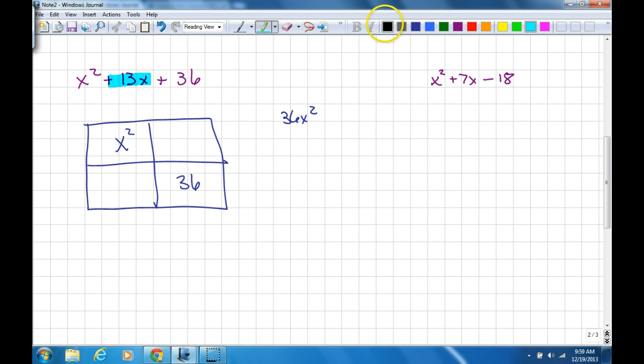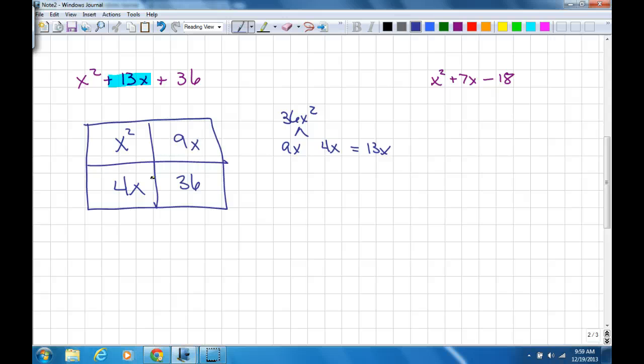So what are some factors of 36x squared? 9 and 4, good. So 9x plus 4x does equal 13x, so that's the one we want. Okay, so I'm going to put 9x here, 4x here.